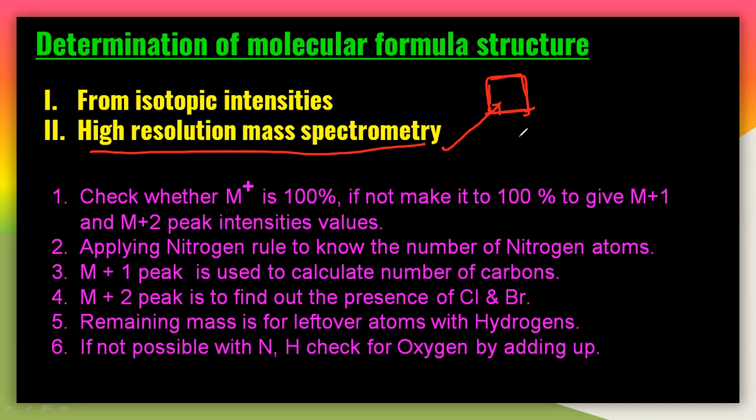So if you take chlorine here, for chlorine 35 and chlorine 37, you will get the adjacent peak like this. That is in case of the normal spectrometry. But in case of this high resolution spectrometry, you will get a separate peak for each isotope here. So for every isotope, you will get different peaks. So that is high resolution mass spectrometry.